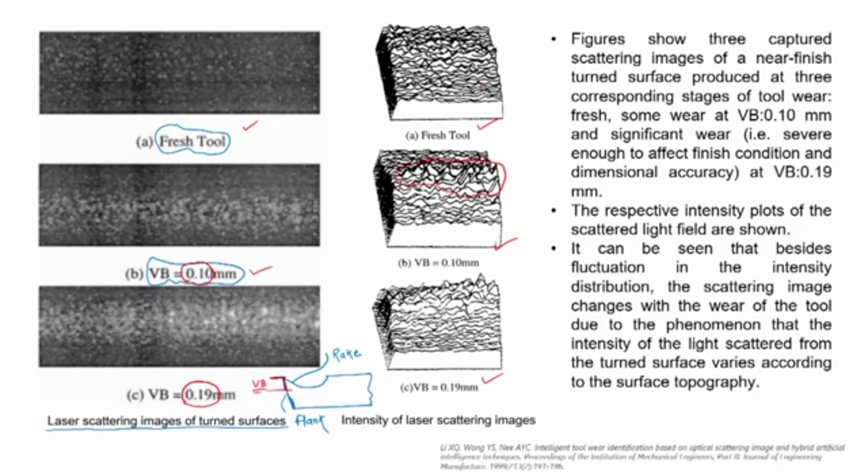With the fresh tool, the crests are there, but they are uniform. But when we are using VB equal to 0.10, there are certain patches which are showing a lot of crests. So, there are a lot of undulations over there. With VB equal to 0.19 as well, you can notice there are a lot of asperities present on the surface.